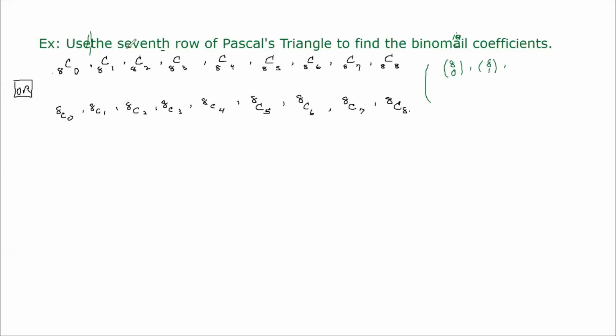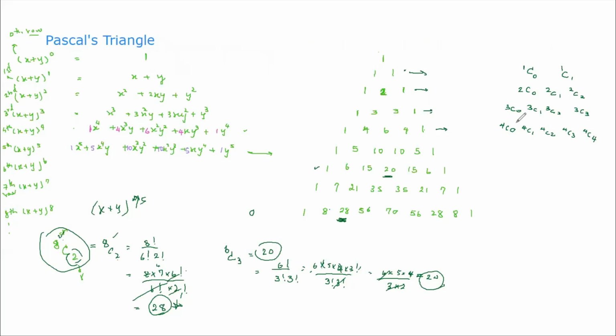Now how are we going to find it? Use the seventh row of Pascal's triangle to find the binomial coefficients. See this one, come back to the previous lesson. If the second row is right here, we can use combination: 2C0, 2C1, 2C2.